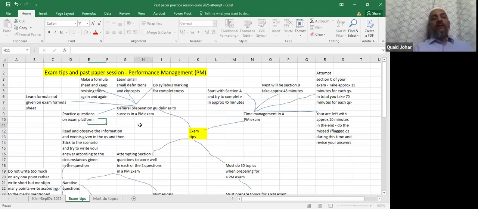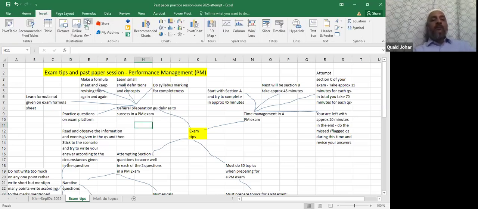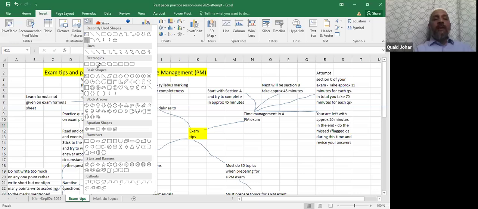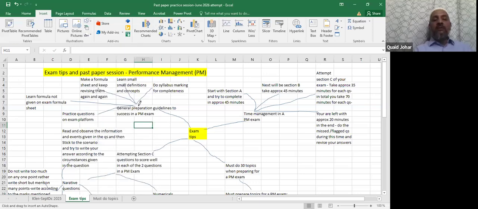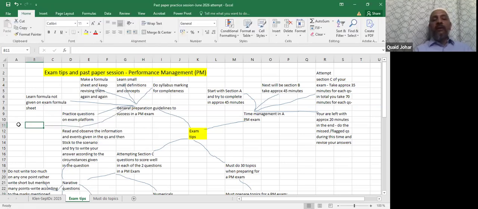And one more guideline I would like to give you regarding your practice work: for each topic, do at least 2 to 3 questions so that you get a grip over the questions. Suppose you are doing a learning curve question, so do some learning curve questions. Don't do just one of them. Do different types of questions so that you get familiar with the situation.